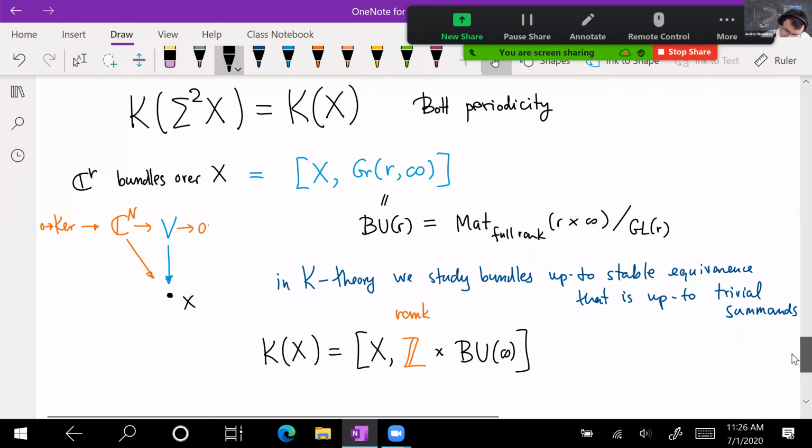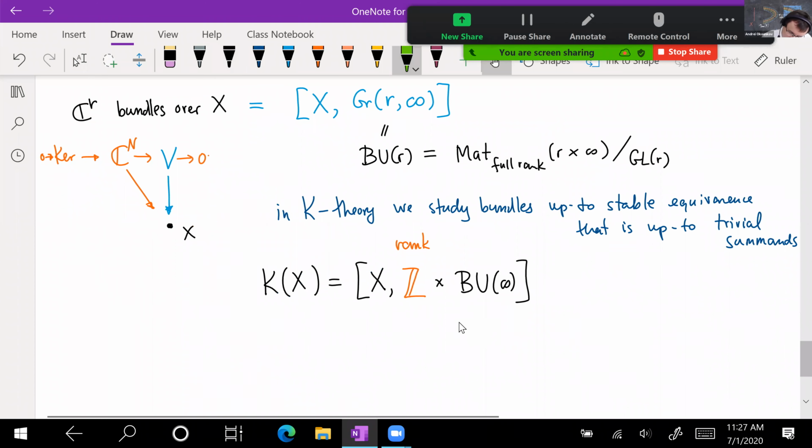And this is a group. It's not a group, but it's a group up to homotopy, with respect to direct sum of the bundles. That makes sense, right?